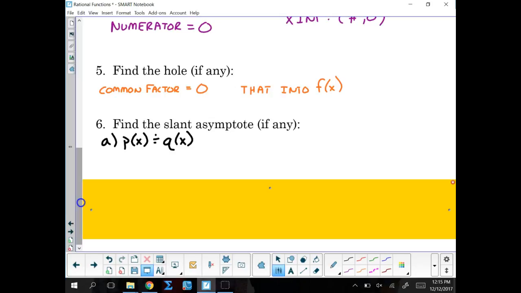Then what? Remove the remainder. Just throw it out. Drop the remainder. And then put it in y equals mx plus b form.